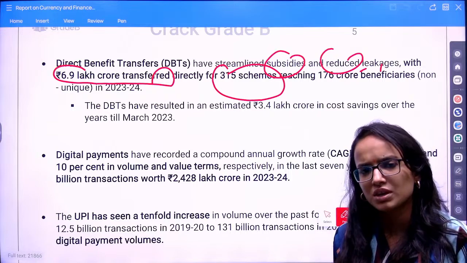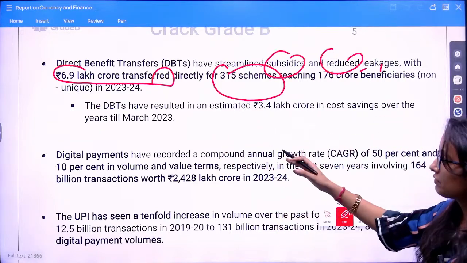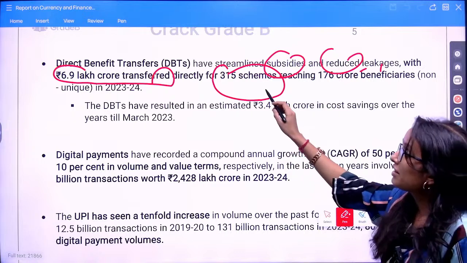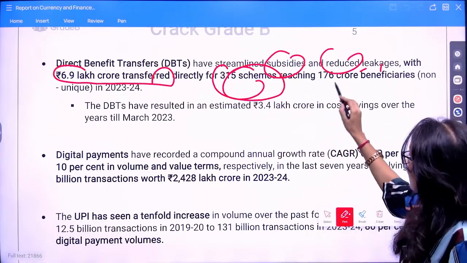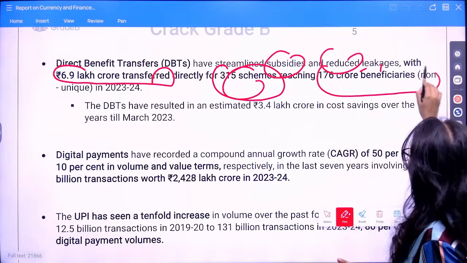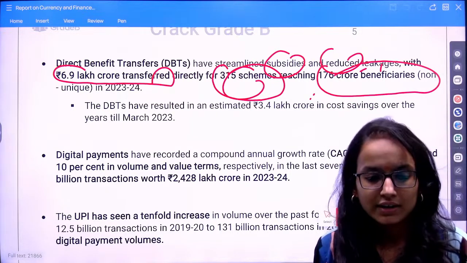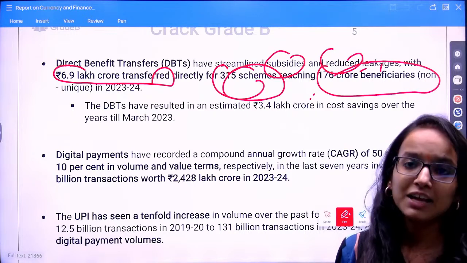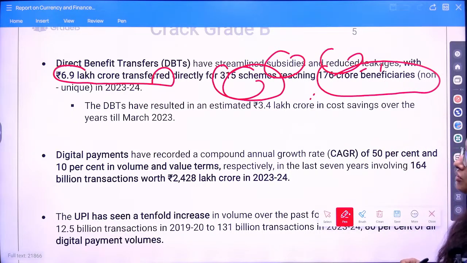But now these problems are not there, right? Due to DBT, 6.9 lakh crores transferred directly for almost 315 schemes, reaching 176 crore beneficiaries in 23-24.